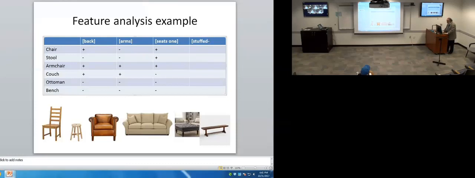Now notice that we have to fill in everything here. So the chair is not stuffed, the stool is not stuffed, the armchair is stuffed, the couch is stuffed, the ottoman is stuffed, and the bench isn't. And now we have succeeded. Definitely everything is different.